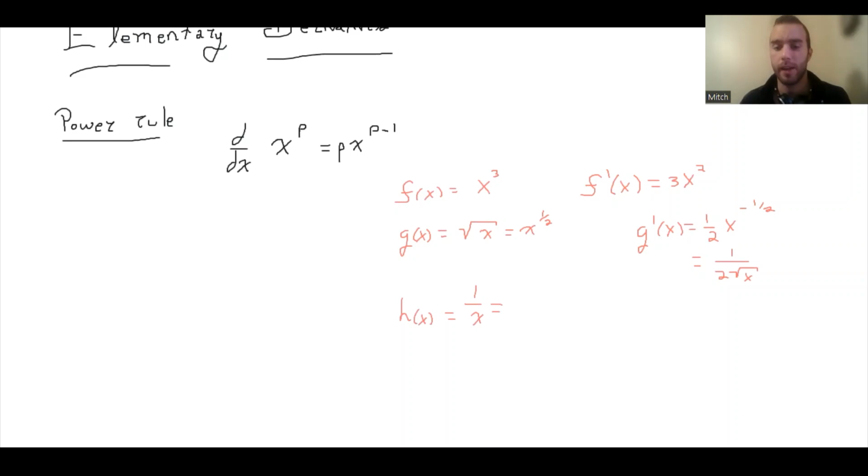So this is x to the negative 1. We do the exact same thing when we take that derivative: we get that negative 1 in front, and we knock it down, so we have x to the negative 2. This just becomes negative 1 over x squared.